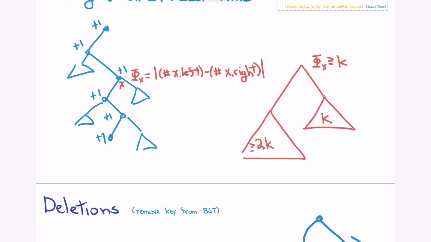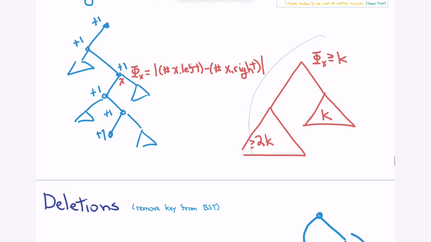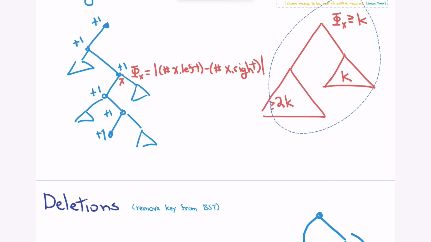And I'm going to go through and rebuild the whole thing, right? So what does that mean? We start there, and this is going to become, kind of running out of room. So this will become perfectly balanced, right?